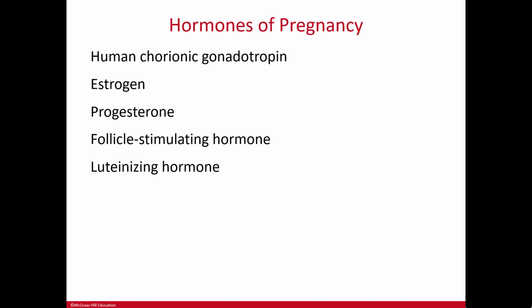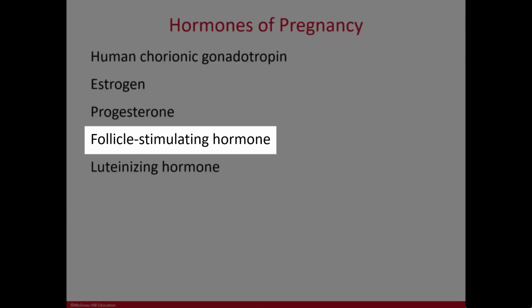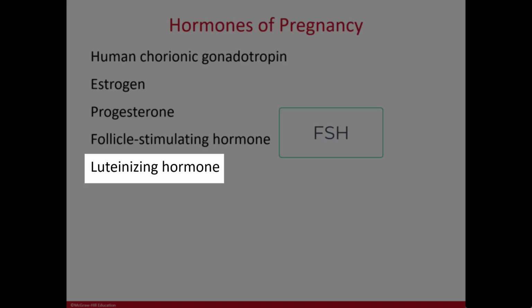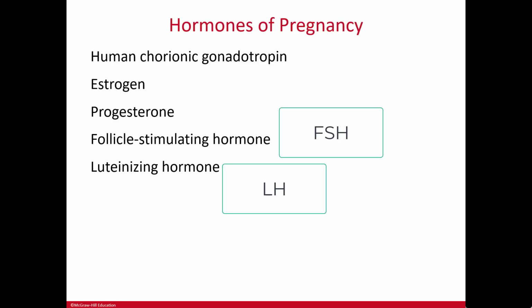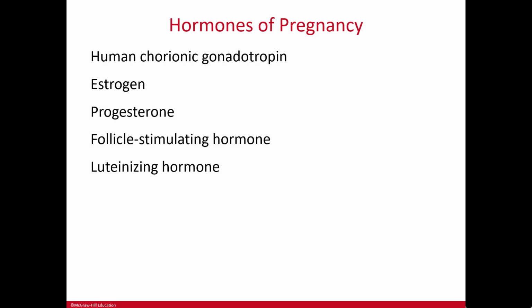So progesterone prevents uterine muscle contraction during pregnancy. Follicle stimulating hormone, or FSH, and luteinizing hormone, or LH, are secreted by the pituitary gland in the brain and stimulate the maintenance of the corpus luteum, which produces estrogen and progesterone. So all of these hormones are really important in supporting and maintaining pregnancy.